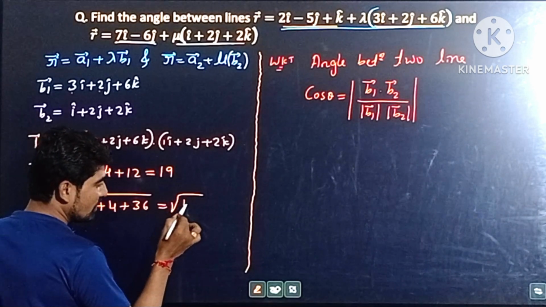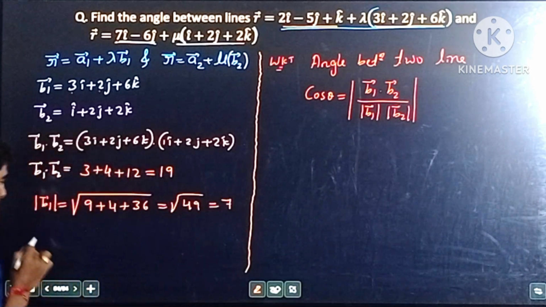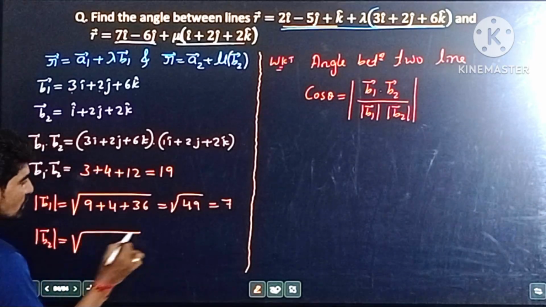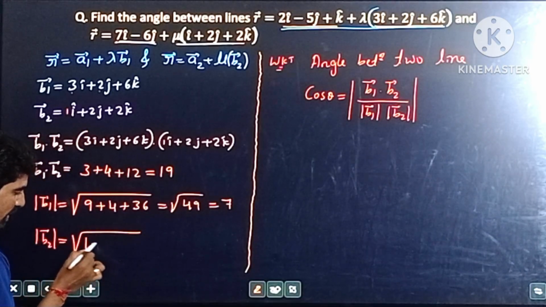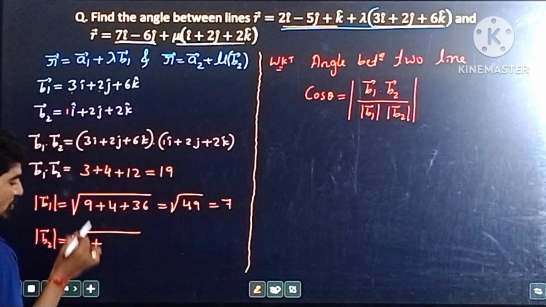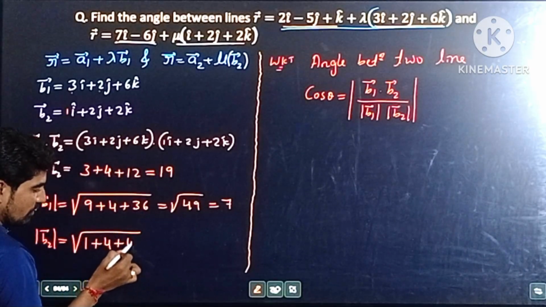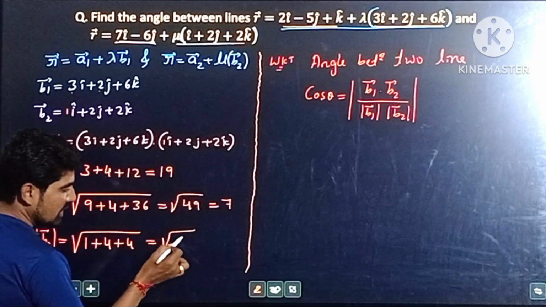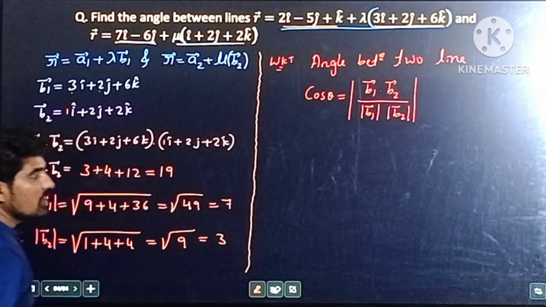Therefore, magnitude of b1 vector is square root of 49, which is equal to 7. Similarly, magnitude of b2 vector is equal to the square root of the square of the i coefficient, 1 square, 1, plus the square of the j coefficient, 2 square, 4, plus the square of the k coefficient, 2 square, 4, which is the square root of 4 plus 4, 8, 8 plus 1, 9. Hence, magnitude of b2 vector is equal to 3.